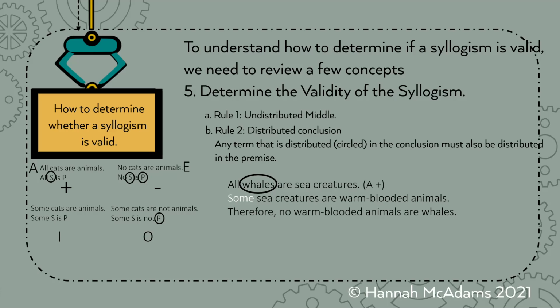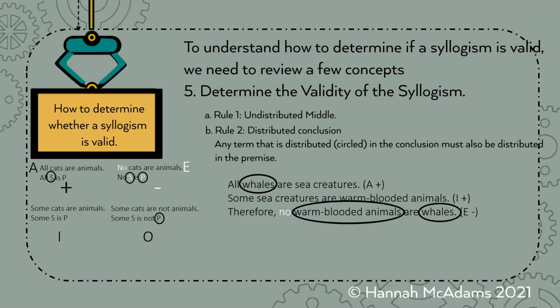Okay, so this is some. Some are, which is I positive, and you don't circle anything. Therefore, no warm-blooded animals are whales. That is a no statement, so it's an E negative. And you circle both the subject and predicate. Warm-blooded animals and whales.